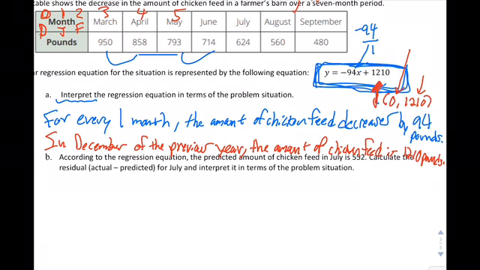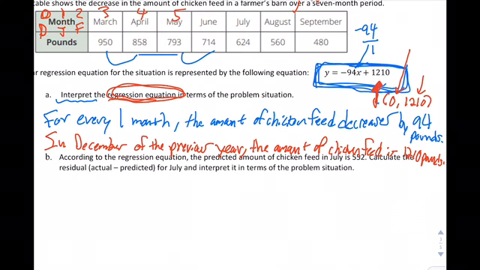Now, since it is a regression equation, and the problem itself said that this is a regression equation, it is important to note that this is just a prediction. It is not that exactly for every 1 month the chicken feed decreases by 94 pounds. It is a prediction.